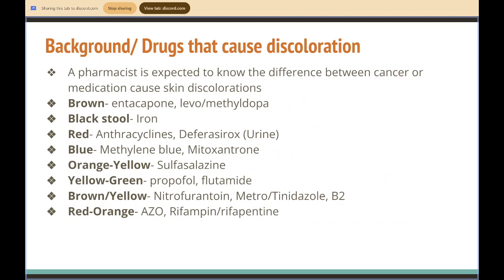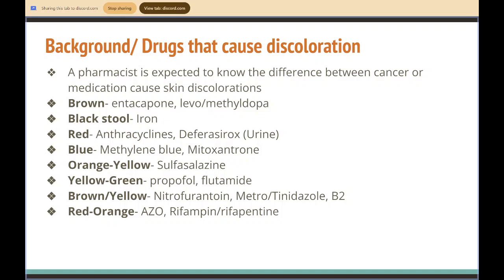So first, the background, along with drugs that cause discoloration. A pharmacist is expected to know the difference between cancer or medication-caused skin discolorations. Now, it doesn't mean you're going to be doing a skin screening on every patient you come across, especially in retail.